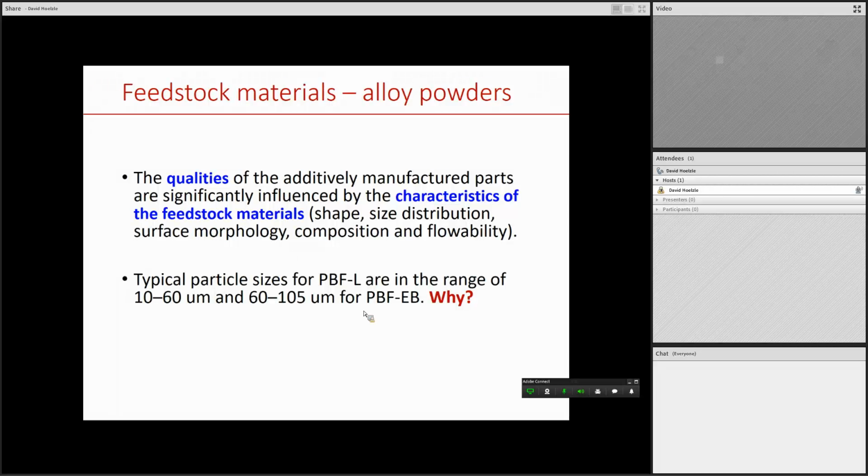The paper says the typical particle size for powder bed fusion with laser is in the range of 10 to 60 microns, but the powder for the PBF with electron beam is larger in size. I'm not quite clear why. Anyone has an idea? Why are the particles for the PBF with electron beam larger than for the PBF with laser?